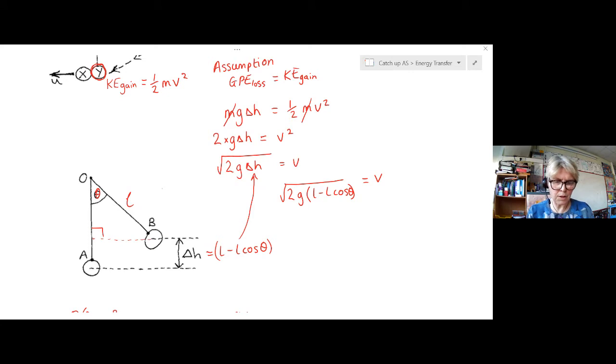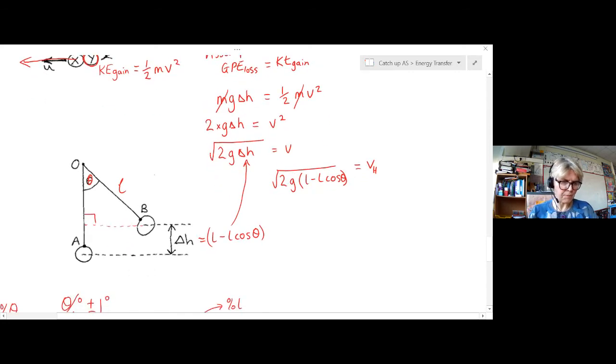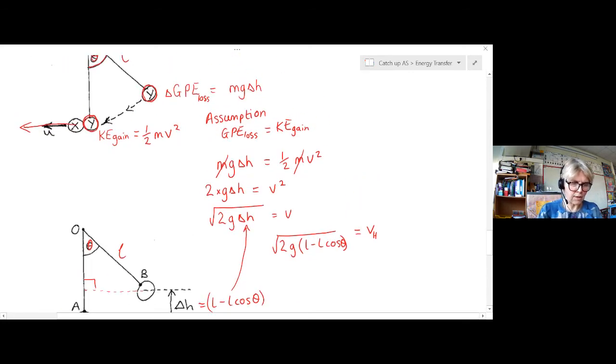Out of this, we want this velocity, because it's this velocity which gives us a horizontal velocity in this direction. Now, there is another assumption to be made. The assumption is that the collision between y and this ball x, which is going to go flying off into a cup, hopefully, is an elastic collision.